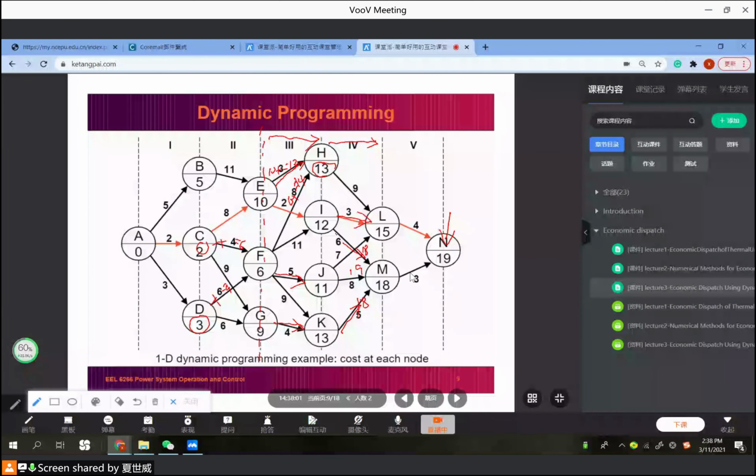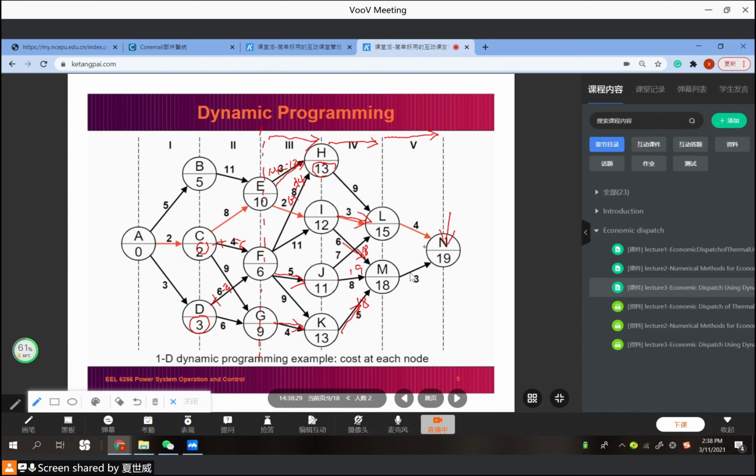These 2 paths have the same cost. So for L, you have the best path from I to L. For M, you have two possible paths, I to M or K to M. They have the same cost. Okay. So last, we travel from stage 5 to the last stage.